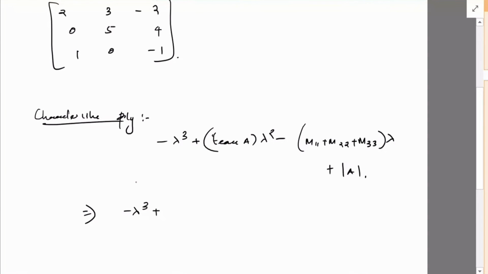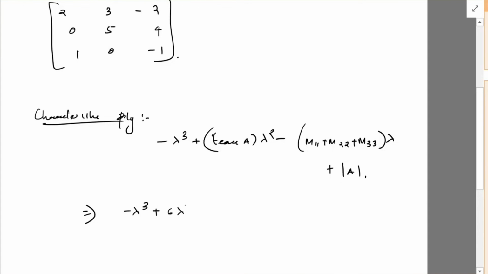The sum of the diagonal entries, which is 6.